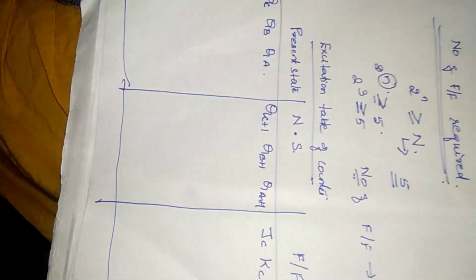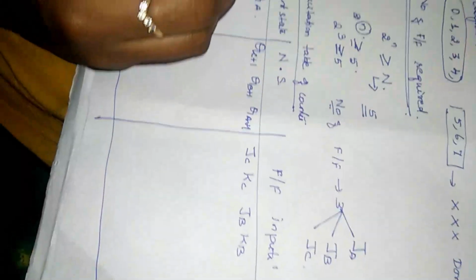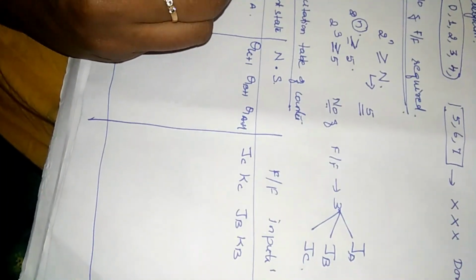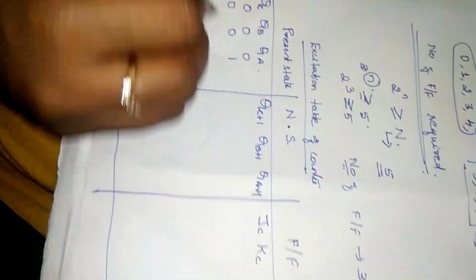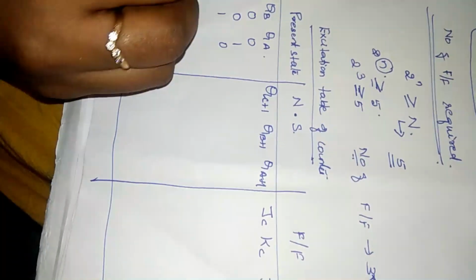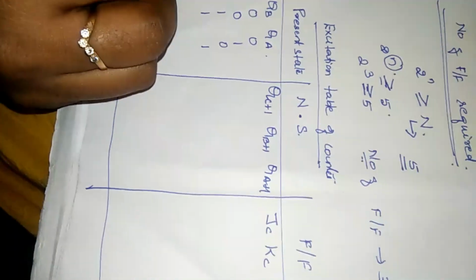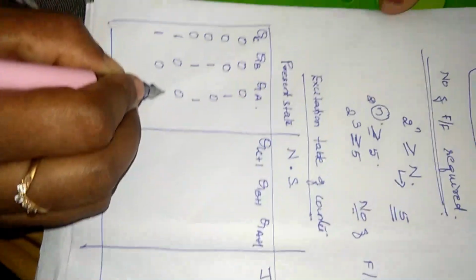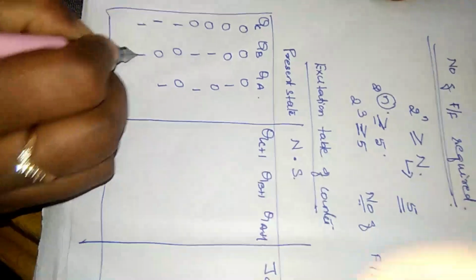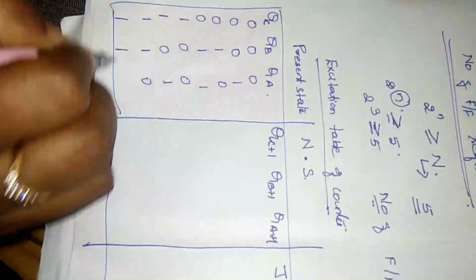This is the outline of the excitation table of the counter. Now we have the counts from 0, 1, 2, 3, 4, 5, 6 and 7.